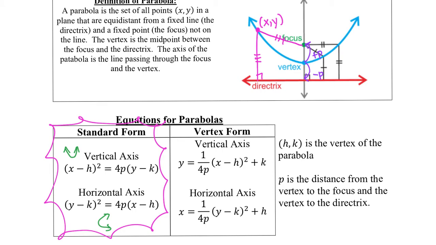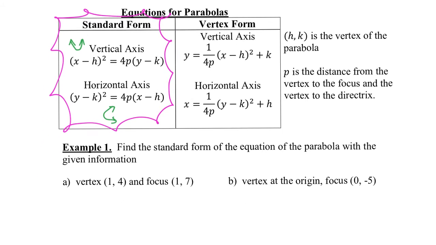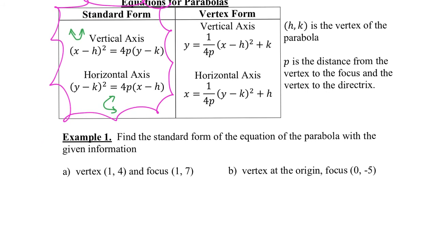Okay, so we're going to find the standard form of an equation for the parabolas with the indicated information. Now for A, they've already given me that the vertex is (1, 4), so that's h and k. I just need to figure out, is this opening in the vertical or the horizontal direction, and what the p-value is, and then I can complete the standard form.